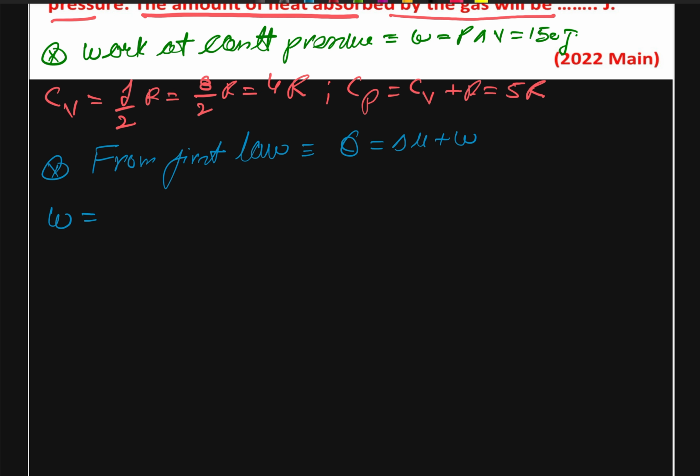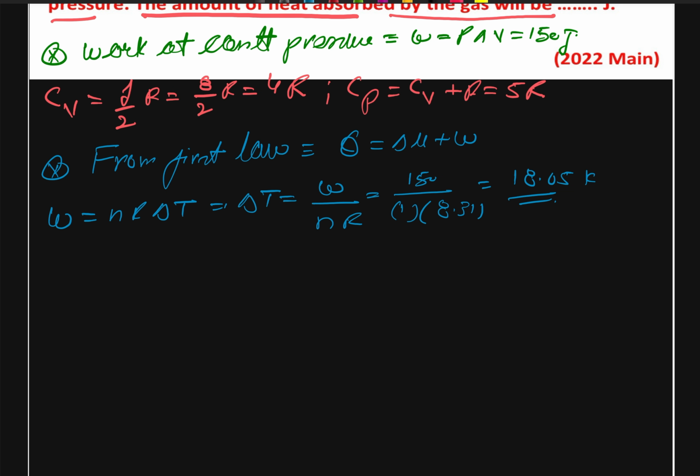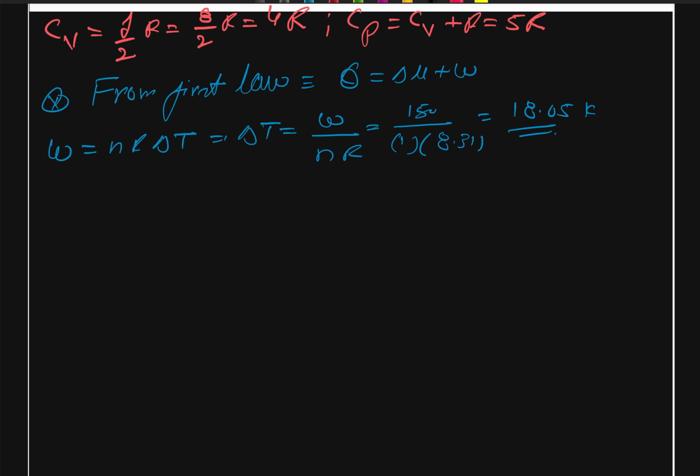Work done at constant pressure is nR times delta T, and so from here delta T is equal to W upon nR. W is 150, n we have assumed is 1, and R is 8.31. So we get the change in temperature is close to 18.05 Kelvin.